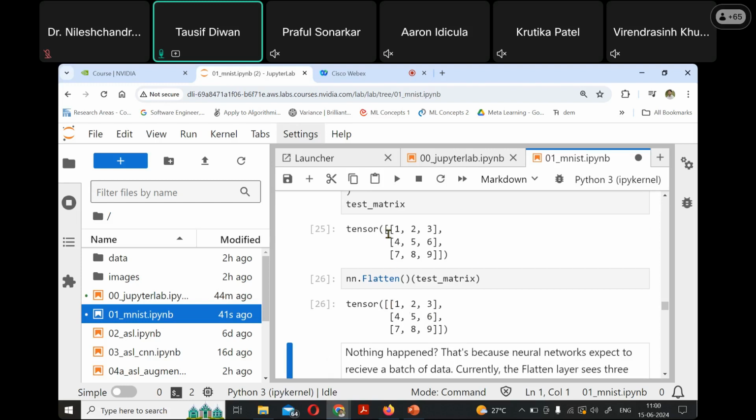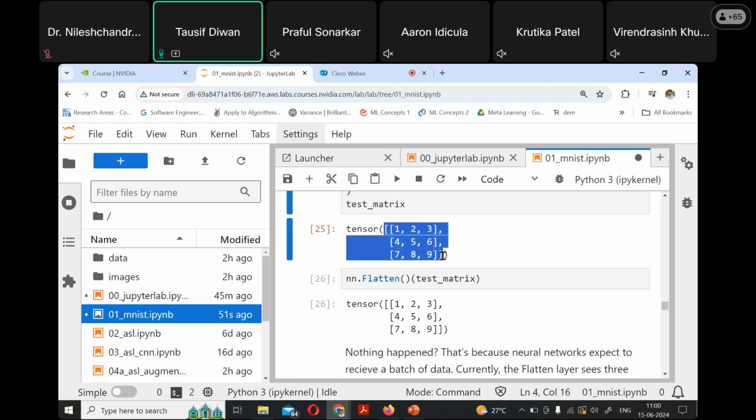So here we can consider that it's not only a two-dimensional matrix; it is considering this as multiple 1D arrays. If it is the first 1D array, then it is the second 1D array. Ultimately it does not convert into a vector just because we are not applying this test matrix in terms of batches.